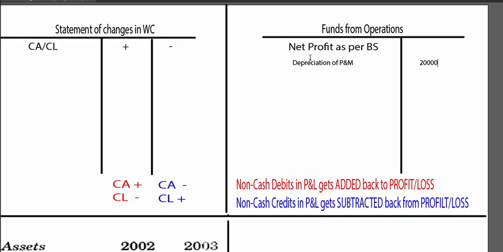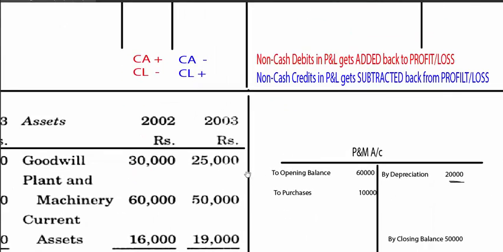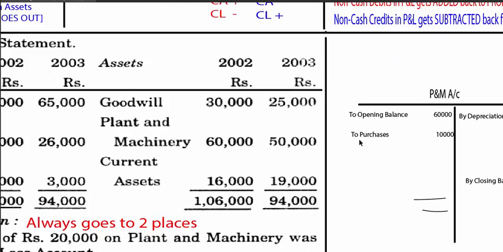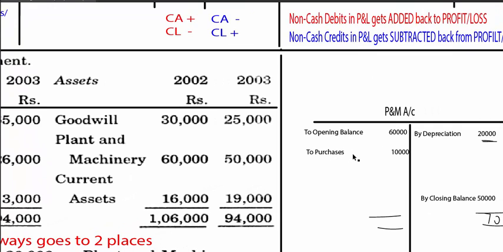The opening net profit as per balance sheet we'll do later. Okay, so 20,000. Depreciation is done, and also we have purchases. Now purchases is actually a silent adjustment. We found out that we have purchased machinery, so that goes to this particular account.